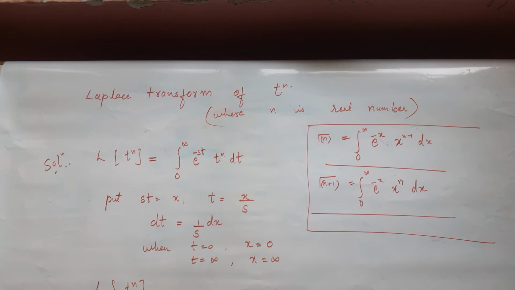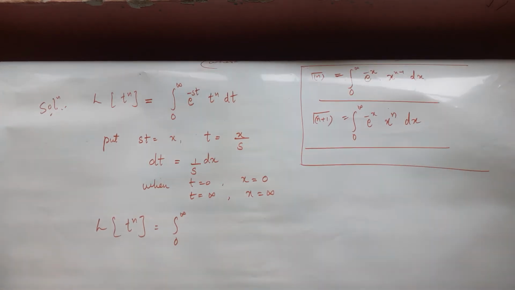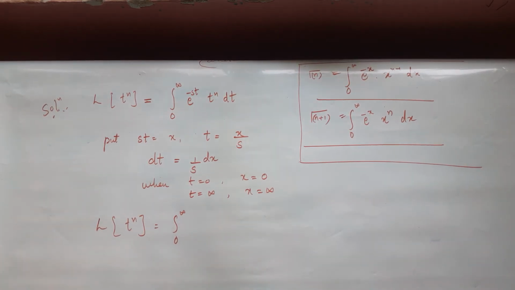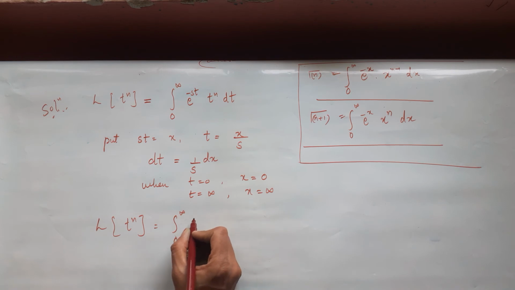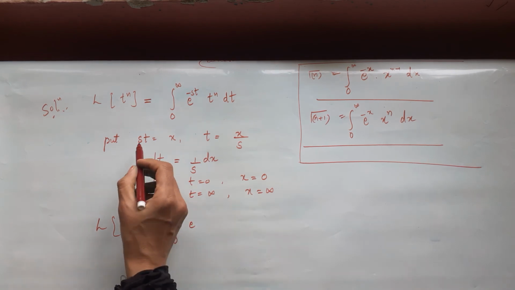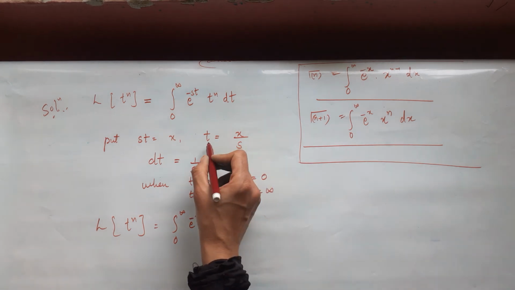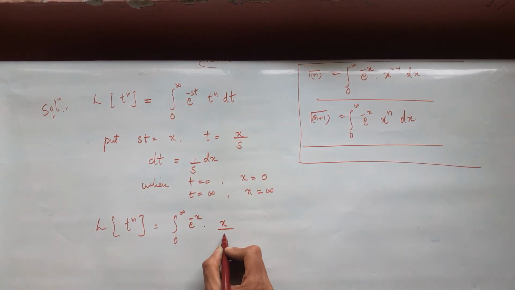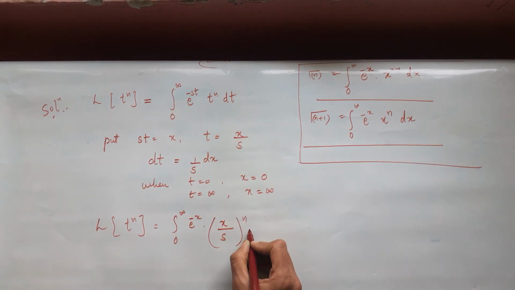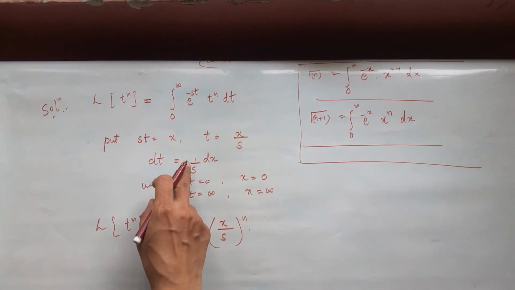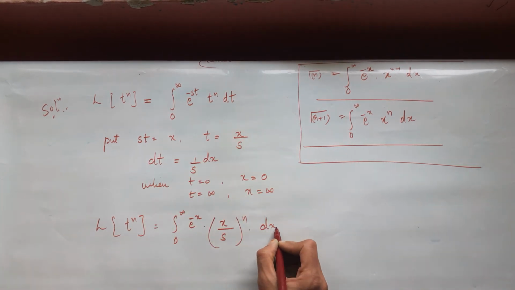It takes the value integration from 0 to infinity e to the power minus x, since you are substituting s into t as x, into t raised to n. In place of t you write x divided by s, so x divided by s raised to n, into, in place of dt, 1 by s dx.